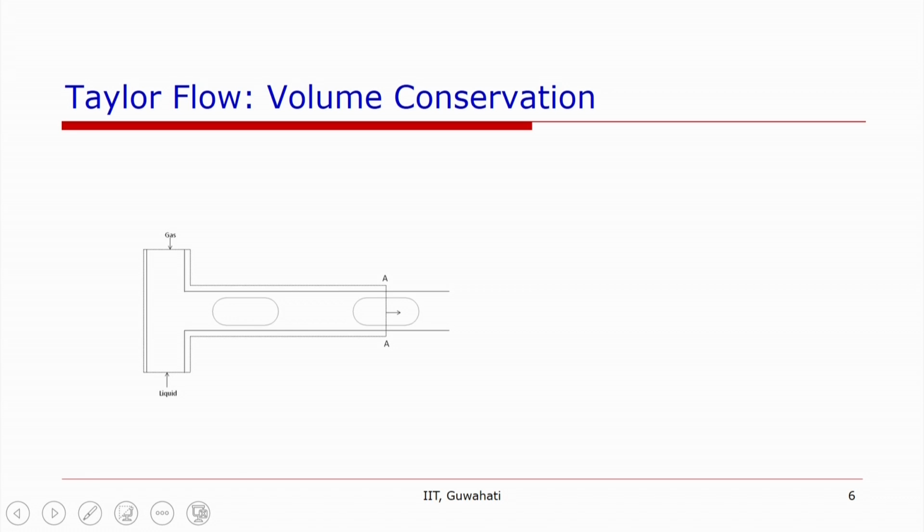Now let us look at some of the physics of it. What we have drawn here is a channel in which the gas is coming from one inlet, let us call it inlet 1, and the liquid comes from another inlet, inlet 2. And we consider a control volume that is represented by the dotted line.